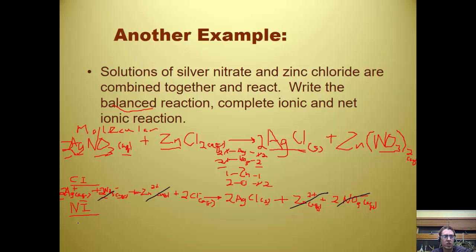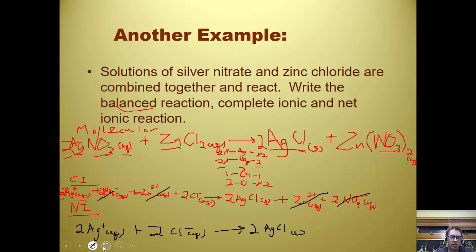So our final net ionic equation is 2 Ag plus, starts aqueous, we add that to what's left over, 2 Cl minuses, aqueous, and that yields 2 AgCl, which is our solid.